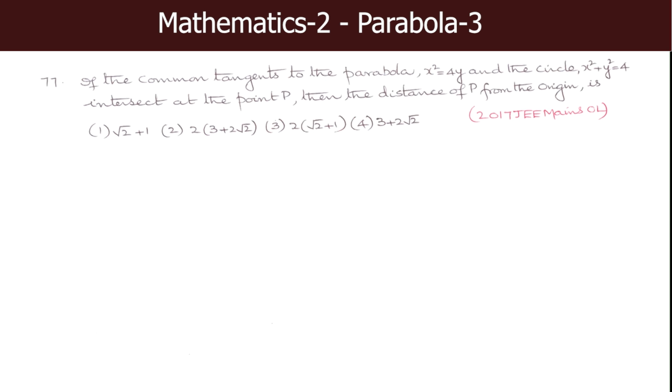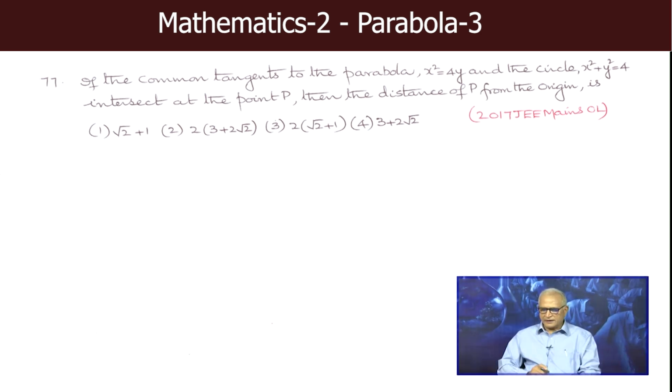If the common tangents to the parabola x square equal to 4y and the circle x square plus y square equal to 4 intersect at the point P, then the distance of P from the origin is, well, here the parabola is x square equal to 4y.